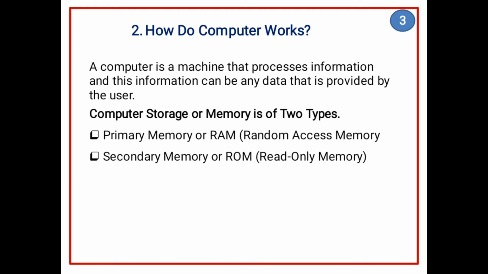Now there are two types of computer storage or computer memory. First is primary memory or RAM, that is random access memory. And the second type is secondary memory or ROM, that is read-only memory. Now the first memory, primary memory.